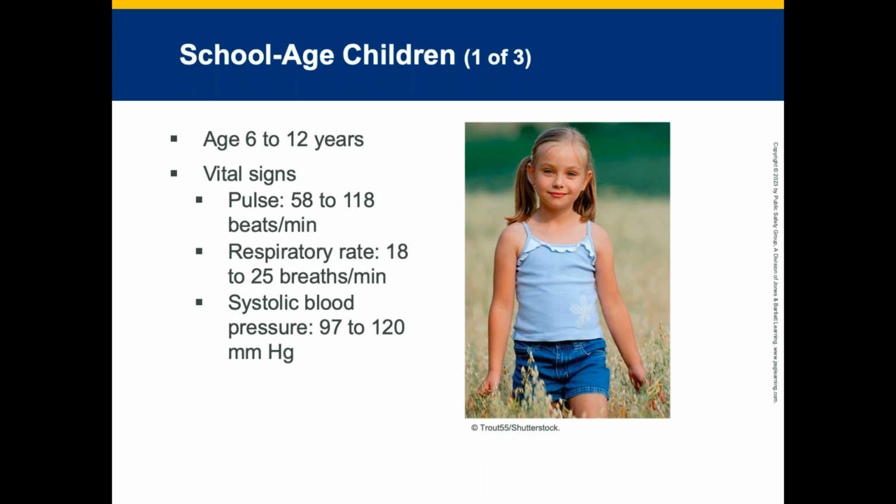So we're starting to see more of those adult vital signs. Just because they have adult vital signs does not mean they receive adult doses of medications. As long as they can fit on a Broselow tape, we're still utilizing weight-based medication. It's still weight-based, even at 6 years, even at 12 years.